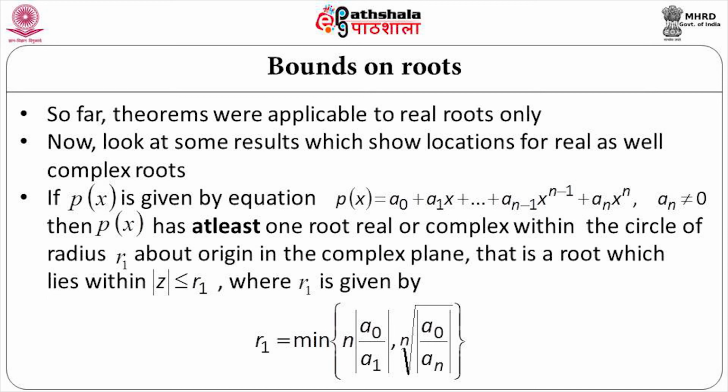Now, the first result about the location of complex roots: let us take the polynomial p(x) as a0 plus a1 x plus a2 x squared, and so on, up to an x raised to n, with an different from 0. It is a polynomial of degree n with real coefficients. This result says that it has at least one root, which may be real or complex, within the circle of radius r1.